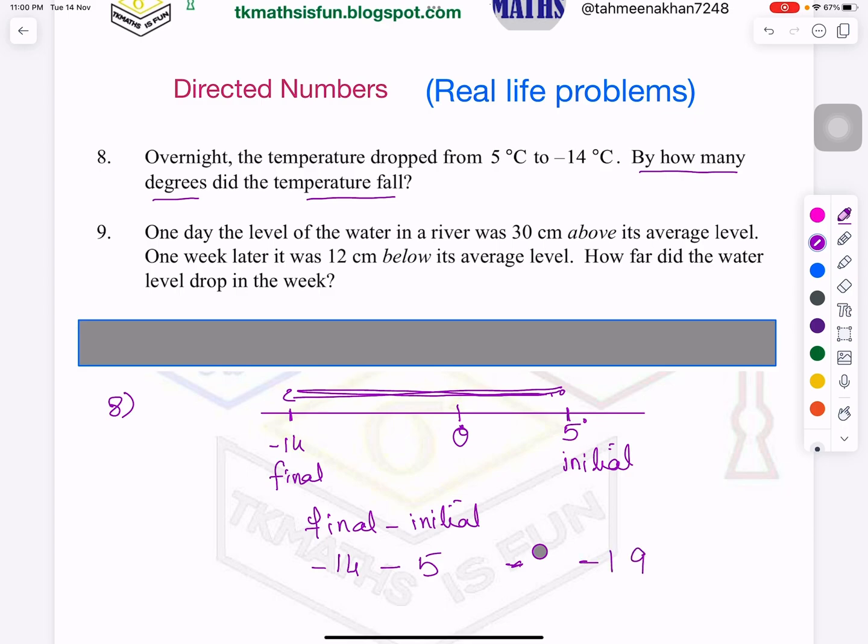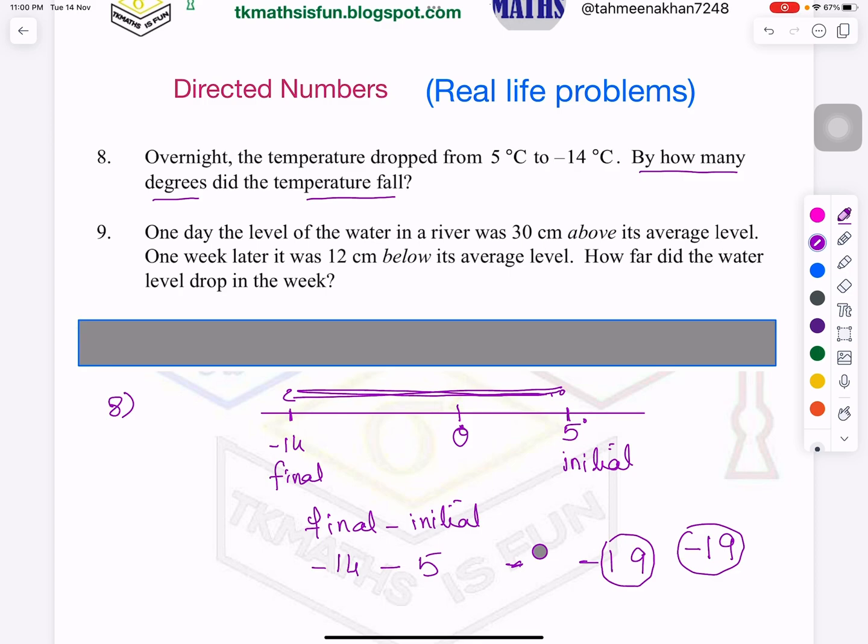The question is saying by how many degrees did the temperature fall? So you will say by 19 degree. Do not use -19. When you are writing, you can say -19 degree, but when we are talking in words, I will say 19 degree temperature has fallen.